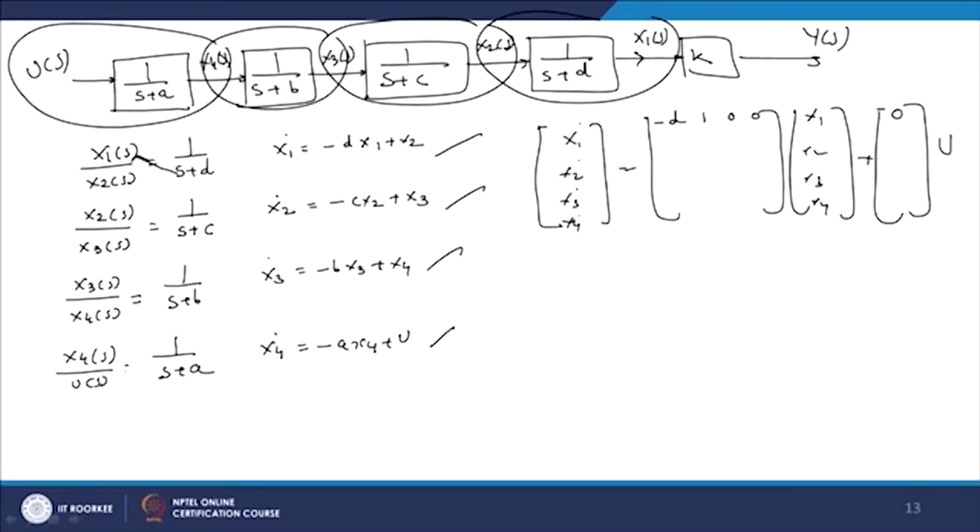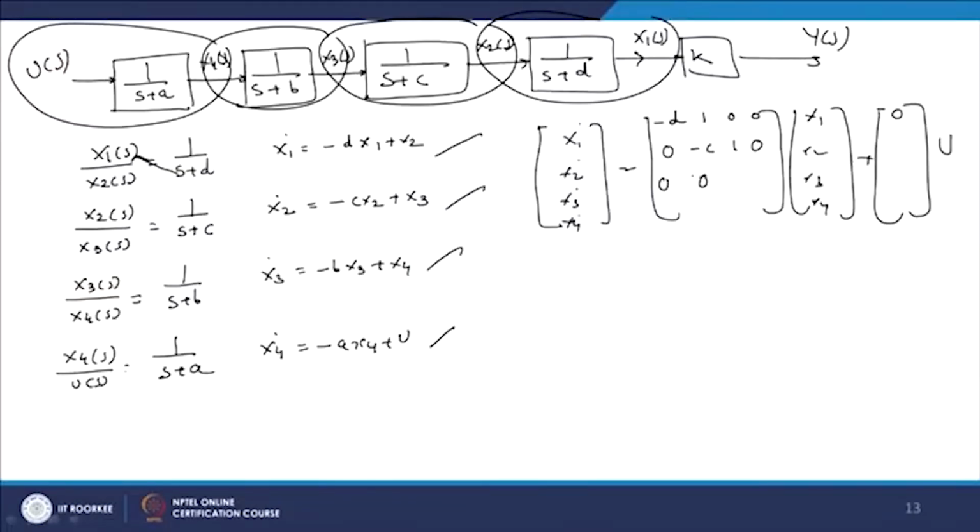Then x2 dot equal to minus c x2 plus x3. So we write as 0 minus c 1 0. Now what about x3 dot? x3 dot equal to minus b x3 plus x4. So here terms of x1 and x2 are 0.